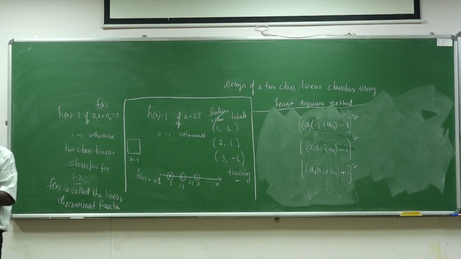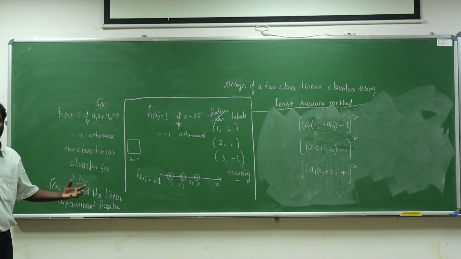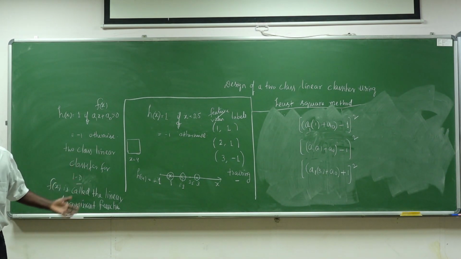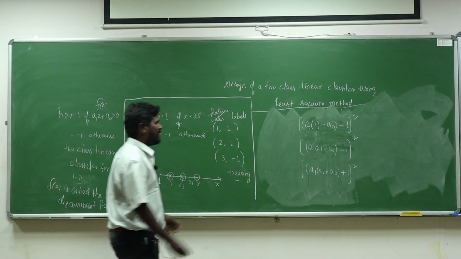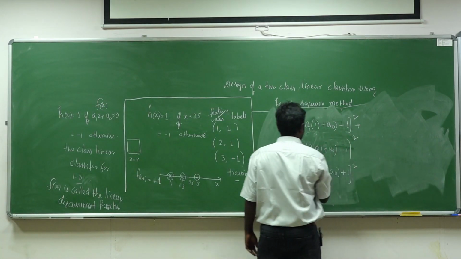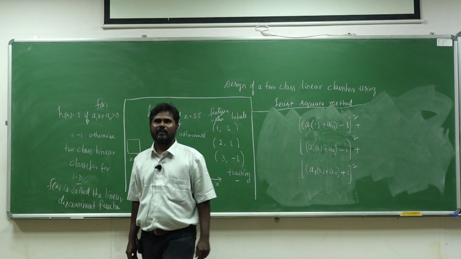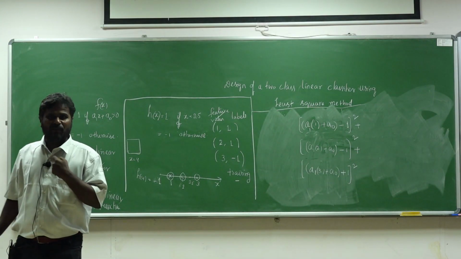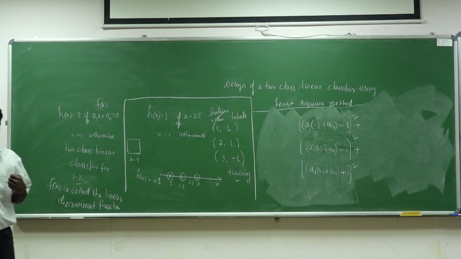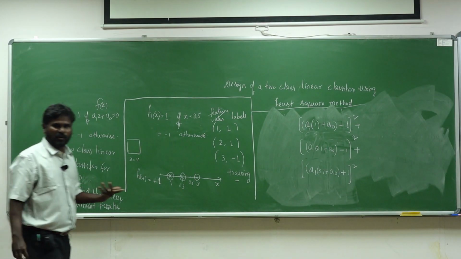we have 3 errors. Then what do we do? We add up. Then what do we have to look for? There is error, right? So it's called the error function.